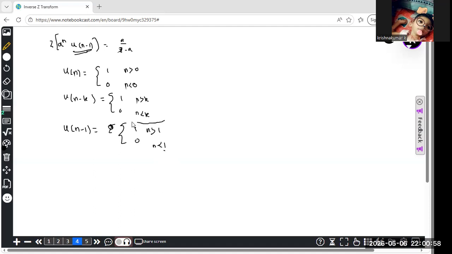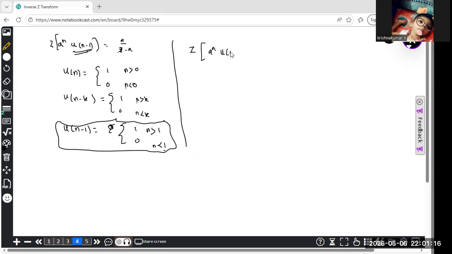So we are going to use this function to find the Z transform of this one. The Z transform of A power n u of n minus 1 is equal to, by the general formula, the summation from n equal to 0 to infinity of A power n u of n minus 1 into Z power minus n.